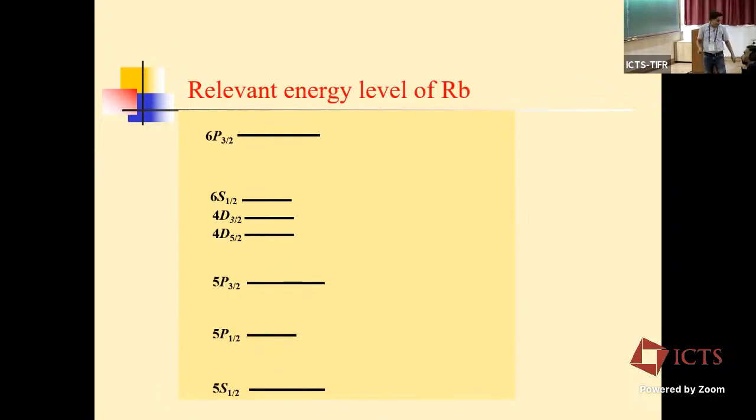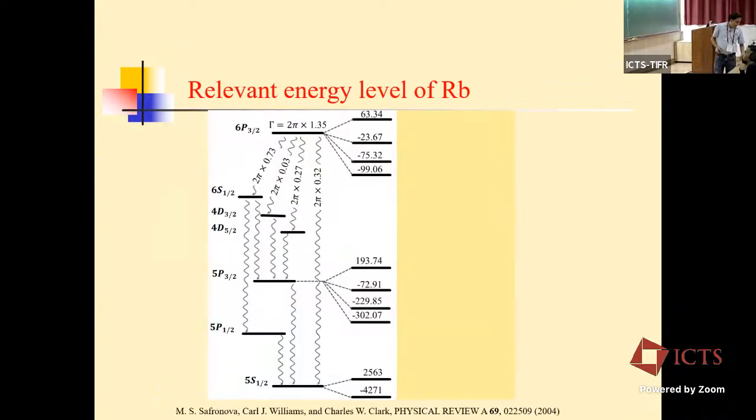What we are targeting is the transition from 5s1/2 to 6p3/2. The total line width of this excited state is 1.35 megahertz, and it has a very complex decay structure.